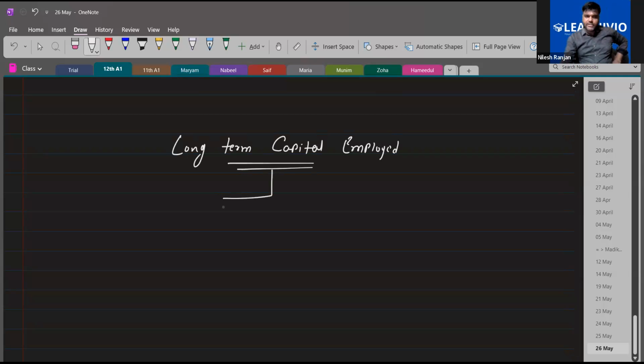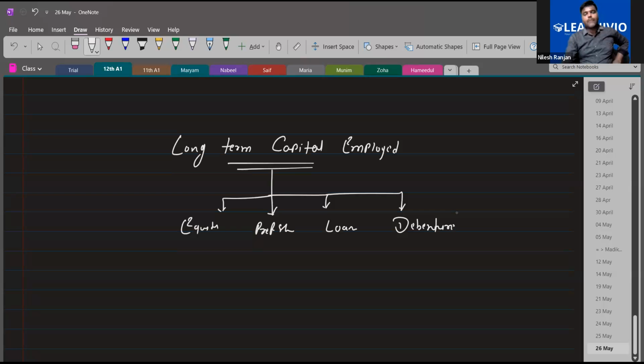So what are the different sources? It may be equity shares, preference shares, loan from bank, then debenture. So in your long-term capital employed, what is the percentage of different sources? That is called capital structure.